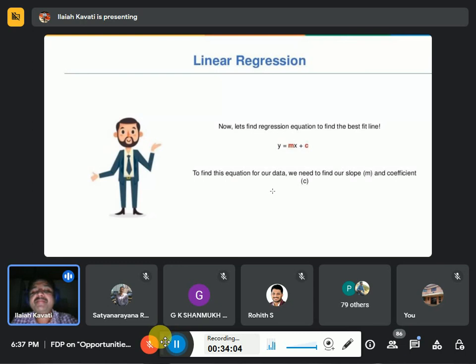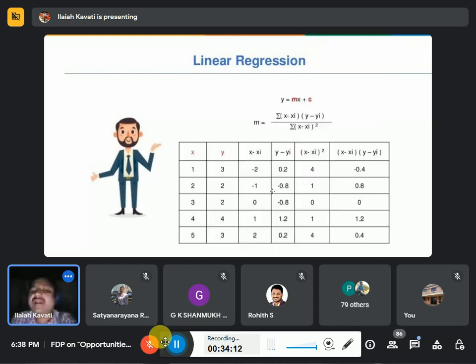Now let's find the regression equation to find the best fit line. For our data, we need to find the slope, that is m, as well as c. This is the equation for the slope: sum of (x minus x mean) into (y minus y mean), divided by sum of (x minus x mean) whole square.